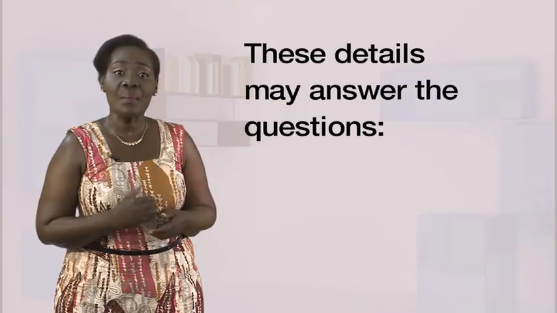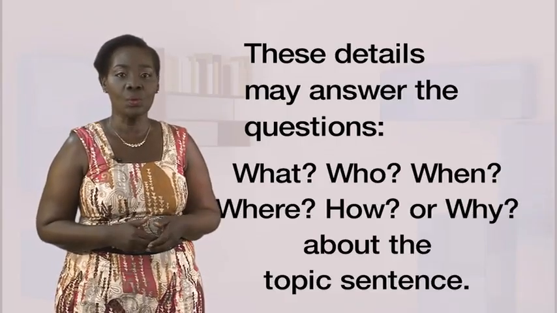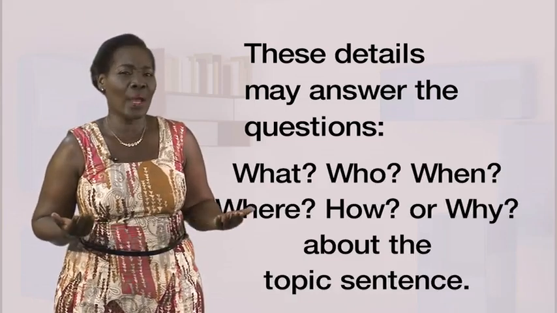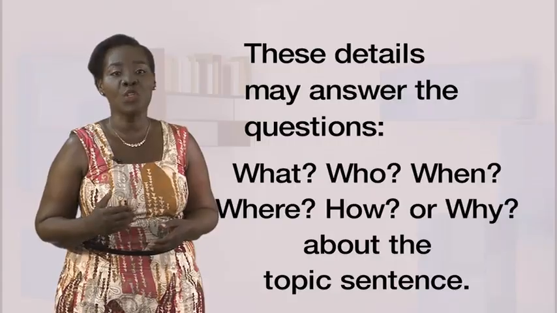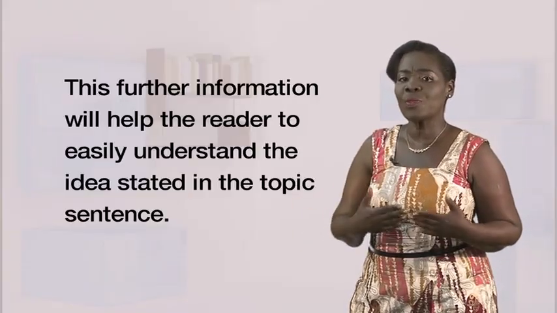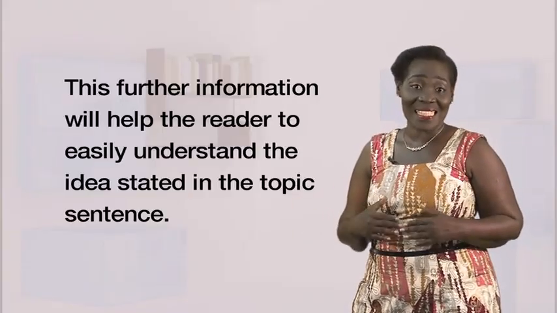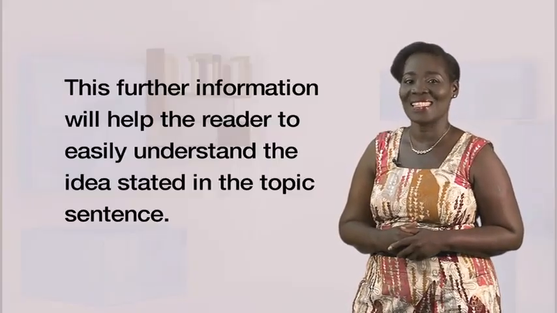These details may answer the questions what, who, when, where, how, or why about the topic sentence. Answers to such questions help the writer to give more information about the topic. This further information will help the reader to easily understand the idea stated in the topic sentence.